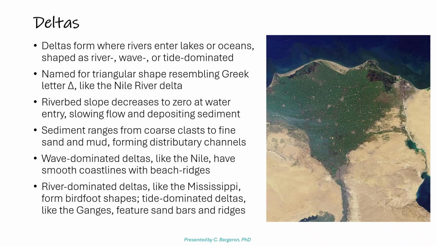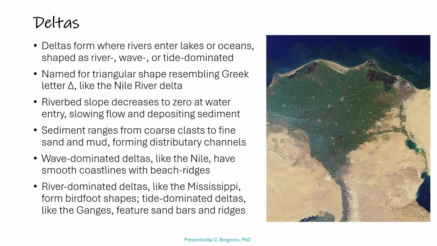If you look at the picture of the Nile here, which is the one that's on the slide, the Nile River Delta, this is an example of a wave-dominated delta. And what that means is that the outer extent, the outer reach of that delta, is shaped by wave action.